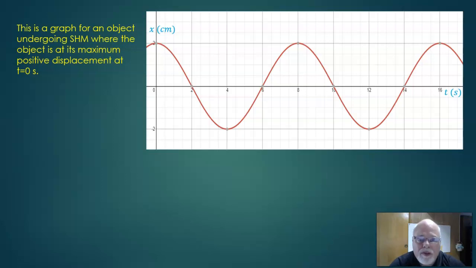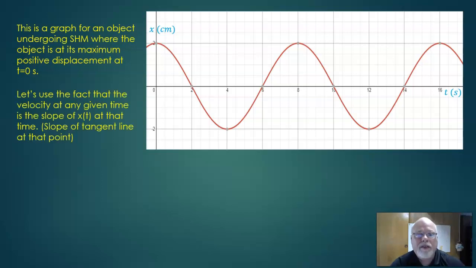But I want to look at velocity considerations because you know now that the position is going to vary sinusoidally. But if that's the case, what are the implications then for the velocity of the mass that's attached to the spring? Okay, well, let's think about that. Let's use the simple fact that velocity at any given time is the slope of the position function.